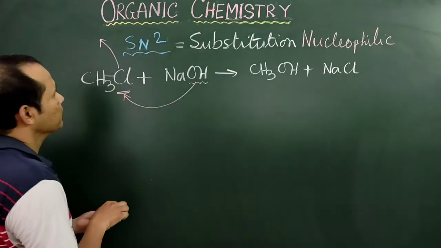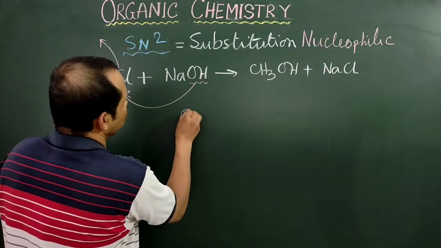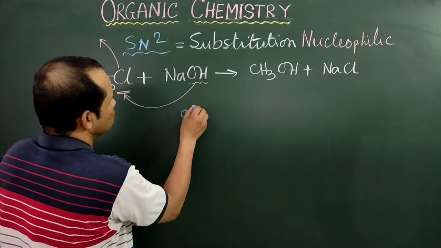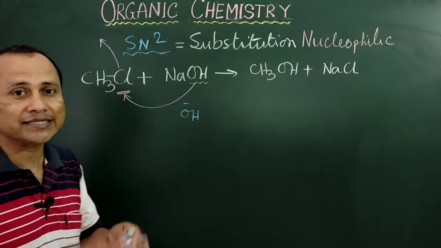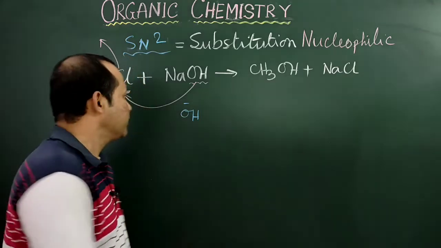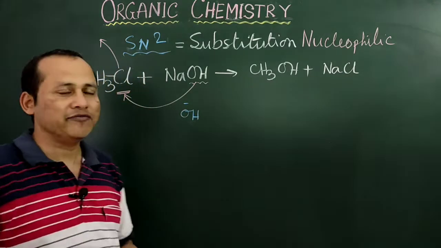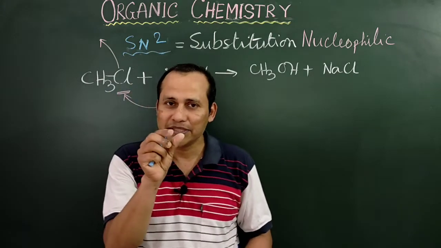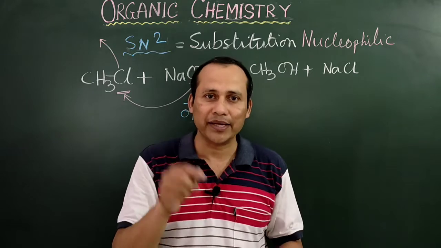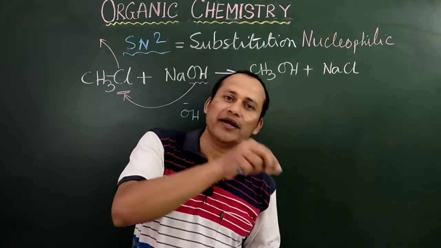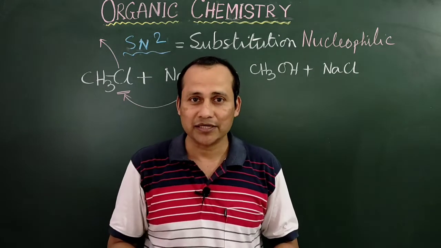Now look at one thing. In this reaction, the OH group, rather OH minus obtained from NaOH, is acting as the substituent, and this substituent is negatively charged. If any substance is negatively charged or electron rich, it will prefer the nucleus, because we know that the nucleus is positively charged.